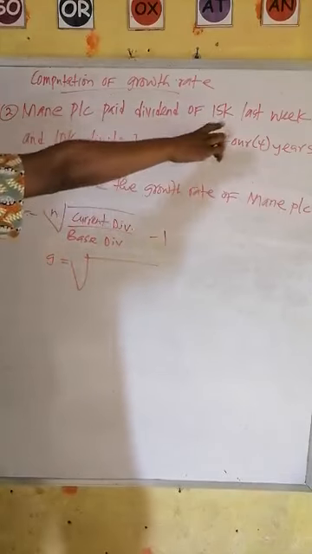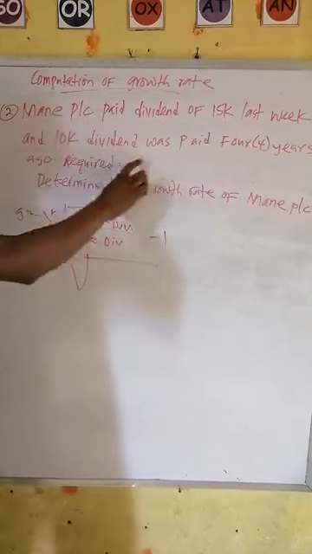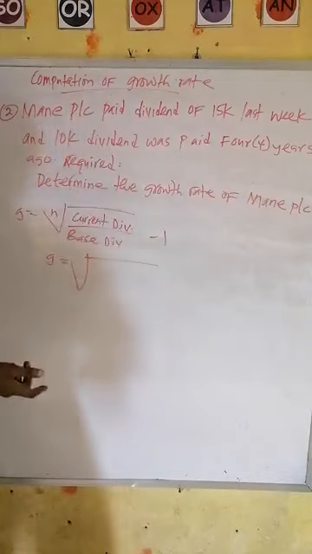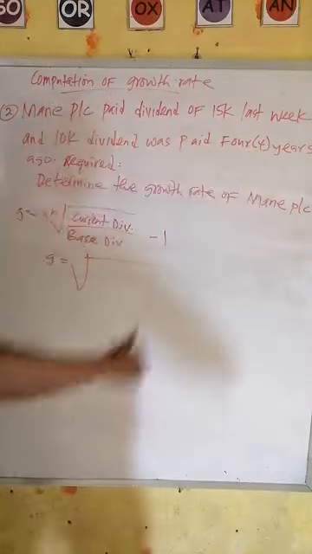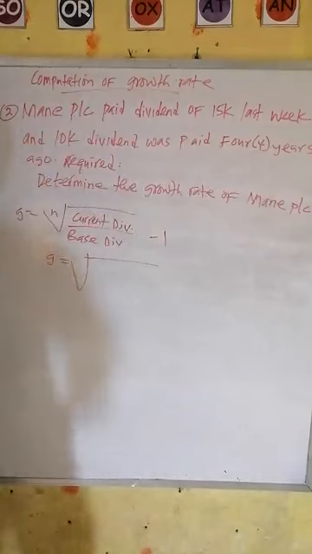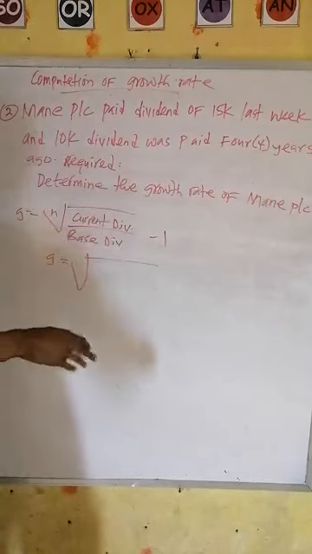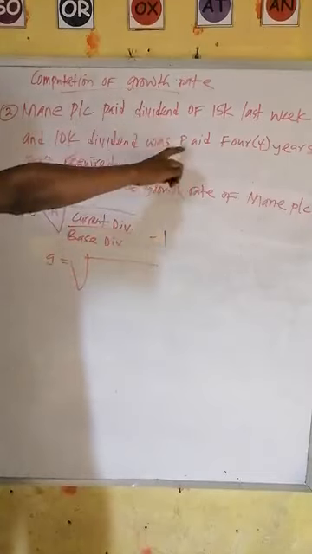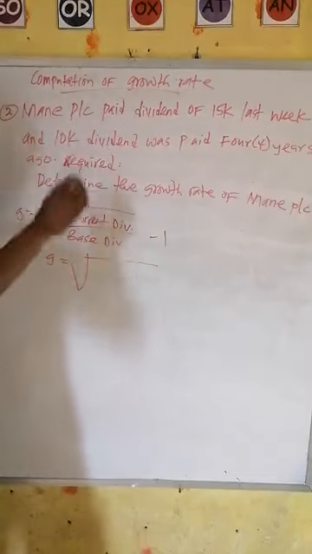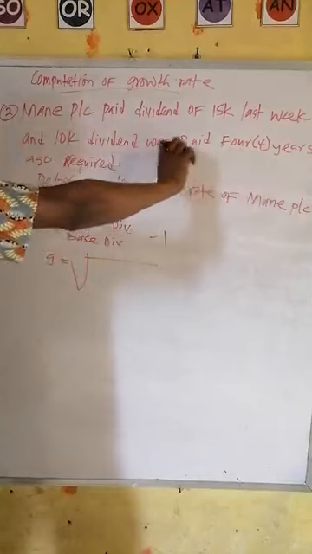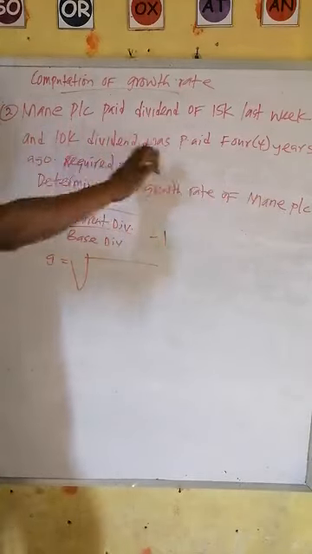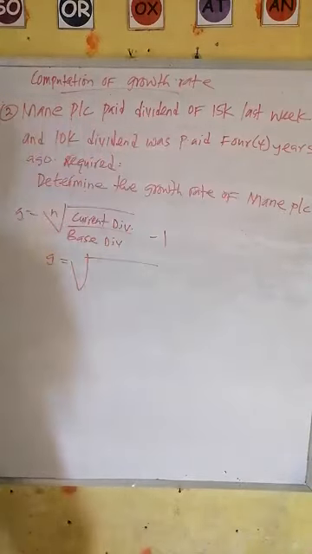Money PLC paid dividend of 15 kobo last week, and 10 kobo dividend was paid 4 years ago. Look at it, 4 years ago. In a case whereby you are not given the dividend in tabular form, you are just given the current dividend and the base year dividend. Just pick the number of years ago in which they paid the dividend, just pick the 4.